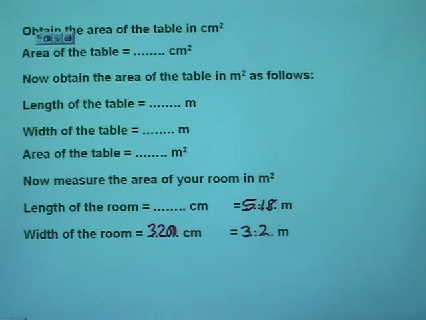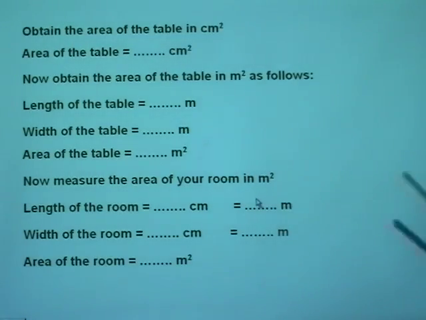And now, I want you to find the area of the room in square meter. That will be 5.18 multiplied by 3.2. Is that right? Okay, what is the area of the room?